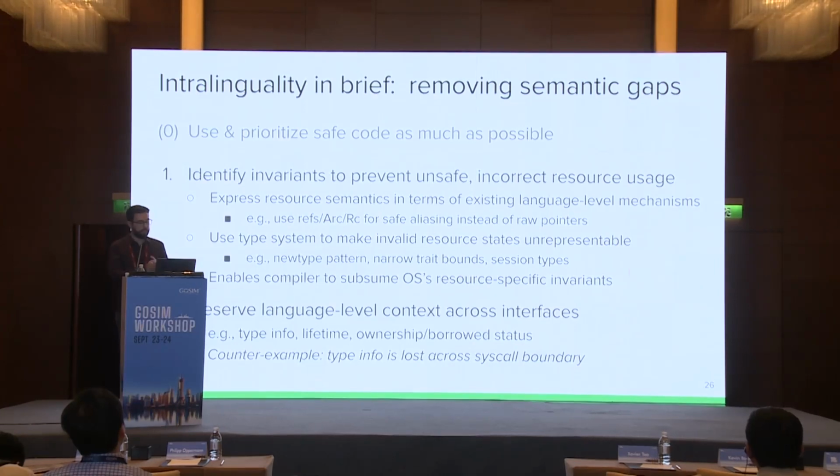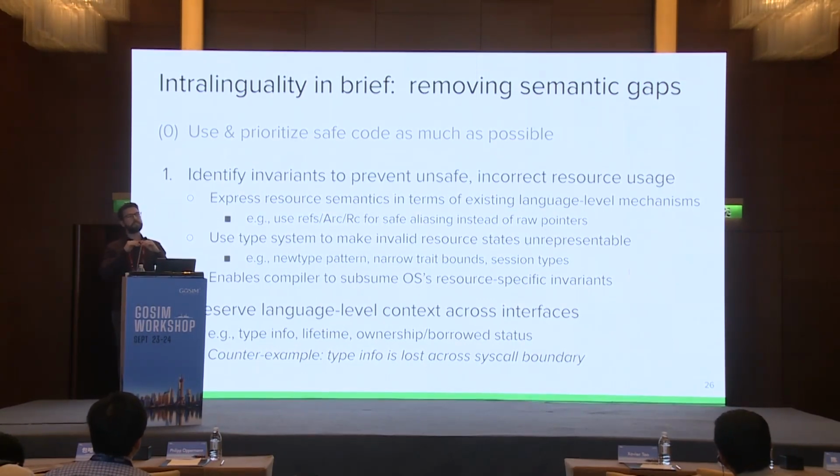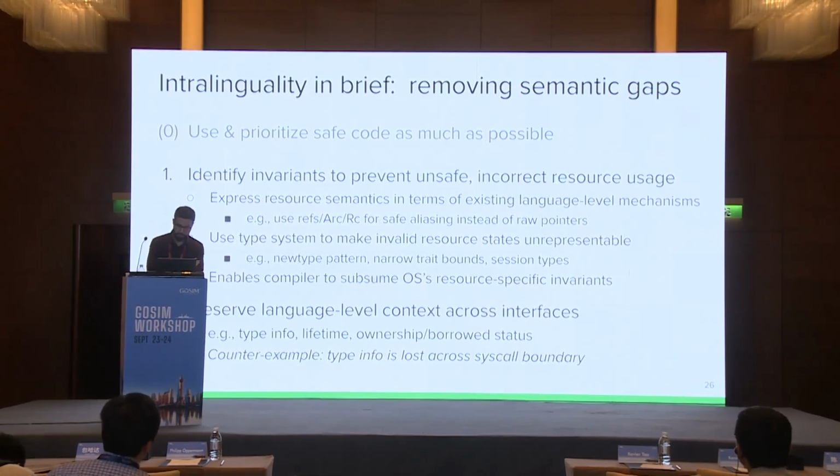Another key point here is to preserve the language level context across interfaces. So that's a fancy way of saying use as high level of language types as you possibly can in all functions, right? One counterexample of this would be something like invoking a system call.